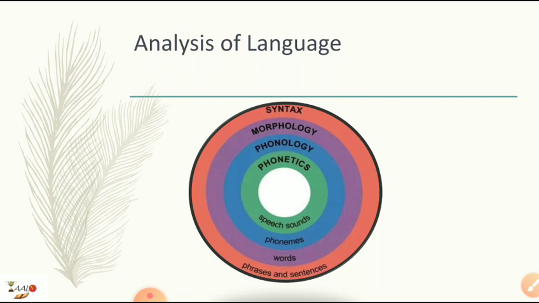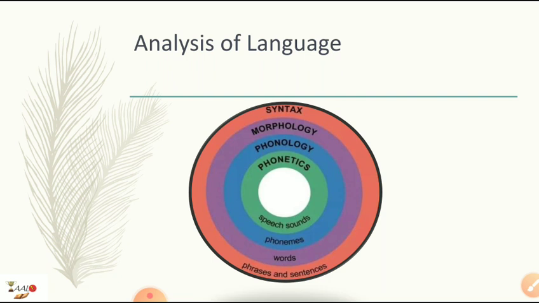Now, every language has its own unique structure and its own unique systems. Hence, it should be studied in terms of its own internal structure. Like we saw in the case of Latin, there are inflections, and inflections determine the meaning, whereas in English, the syntax or the word order determines meaning.